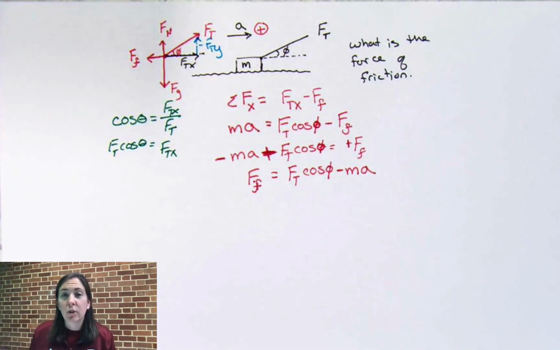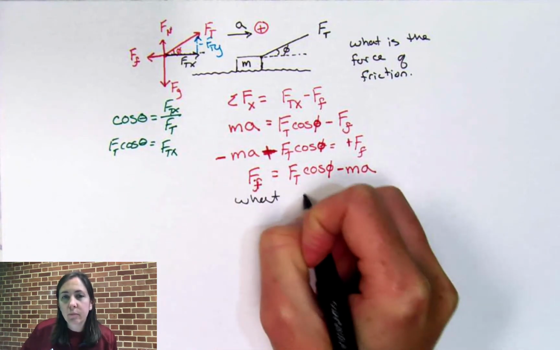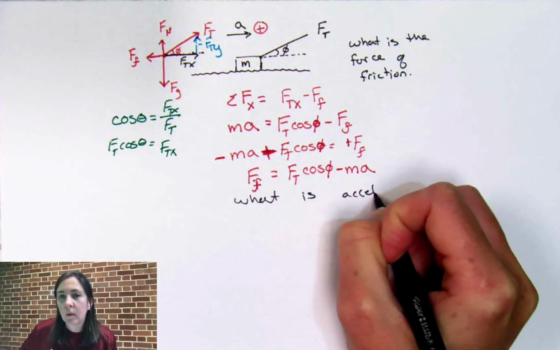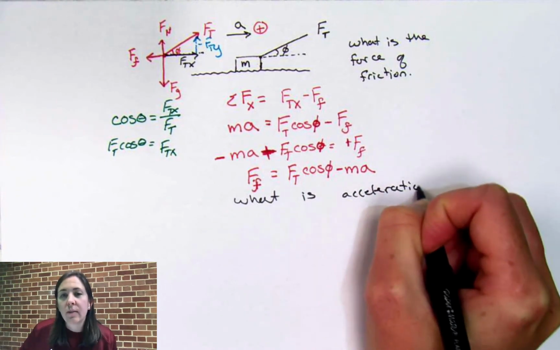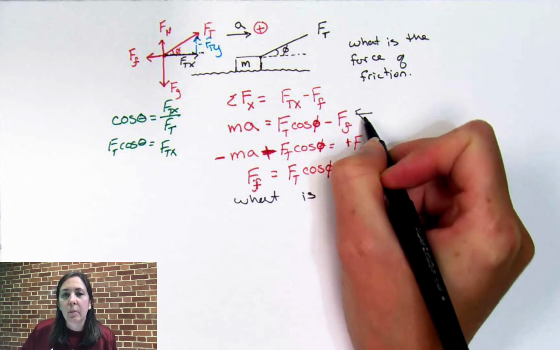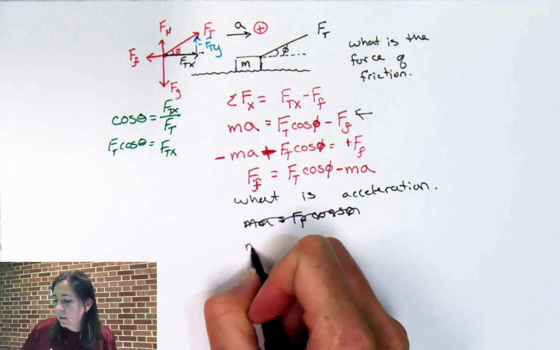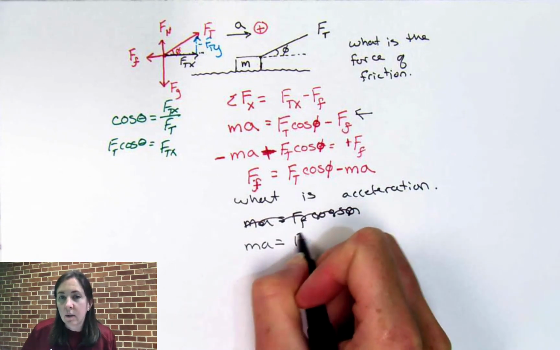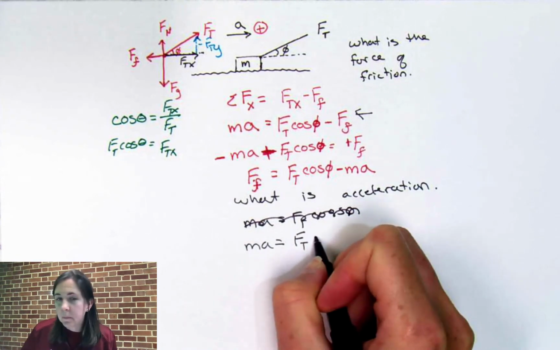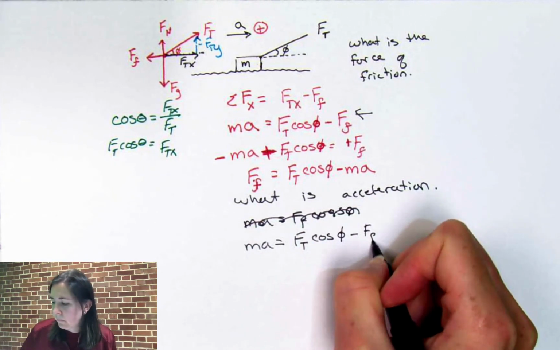Now this question could have just as easily asked, what is the acceleration? And if that was the case, we can come back to this equation and then just divide both sides by the mass. So I'm just going to rewrite that equation. Mass times acceleration is the force of tension times the cosine of phi minus the force of friction.